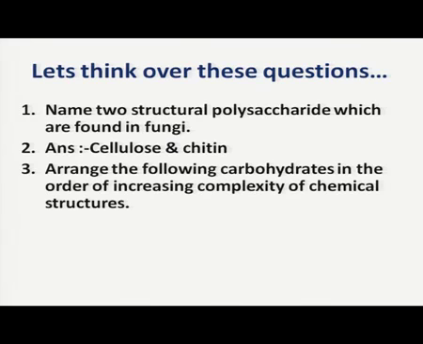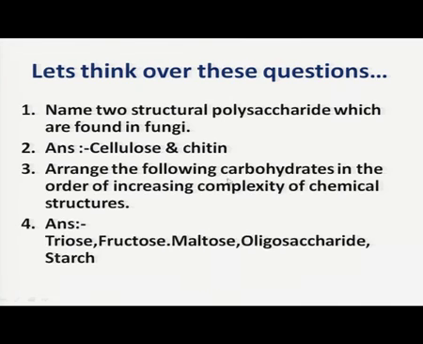The second question was, arrange the following carbohydrates in the order of increasing complexity of chemical structure. Increasing complexity means, as I have already told, in the form of molecular weight. That is triose, which is a monosaccharide having 3 carbon atoms, example glyceraldehyde and dihydroxyacetone phosphate.